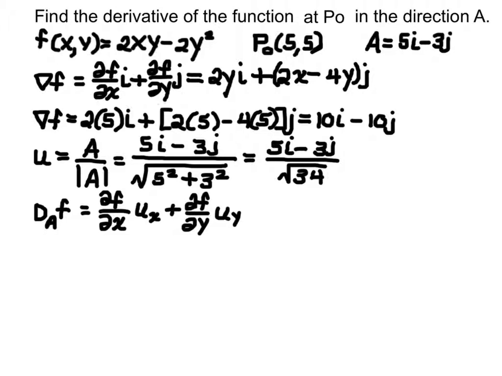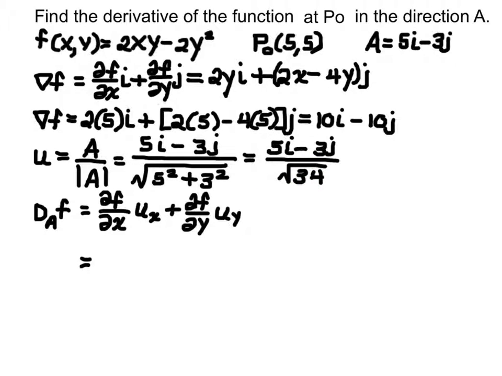And what we get is 10 times 5 over the square root of 34 plus a negative 10 times a negative 3 over the square root of 34.